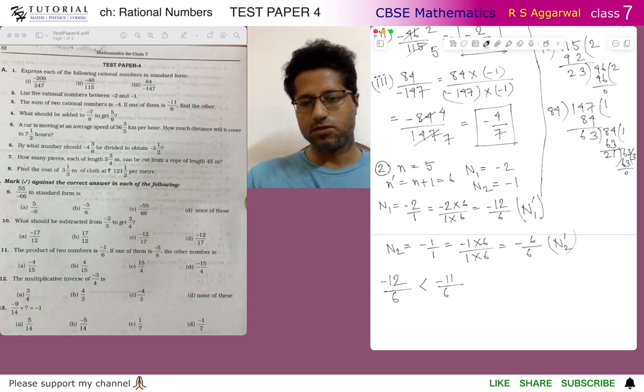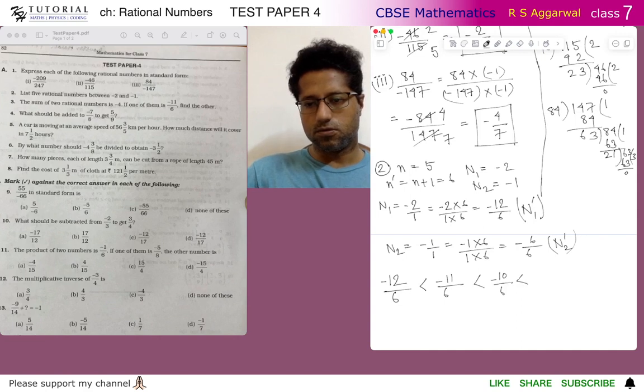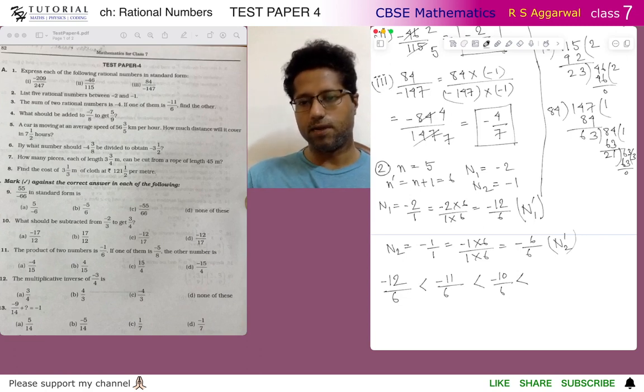Again we add 1 to minus 11, and we get minus 10 by 6. This way we get rational numbers starting from minus 11 by 6, which will lie between minus 12 by 6 and minus 6 by 6, and we have to generate 5 such rational numbers.